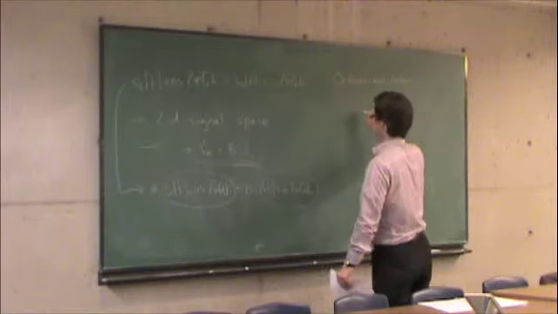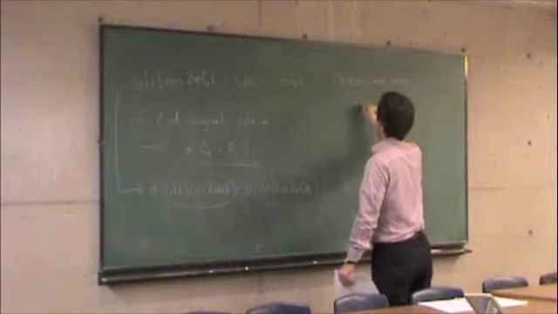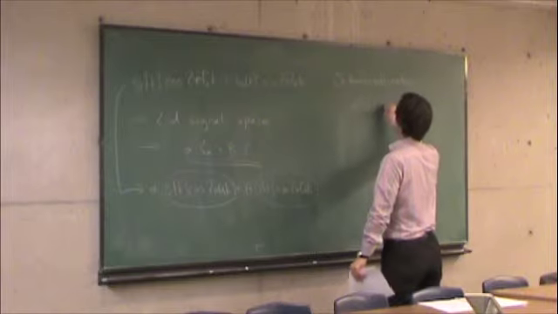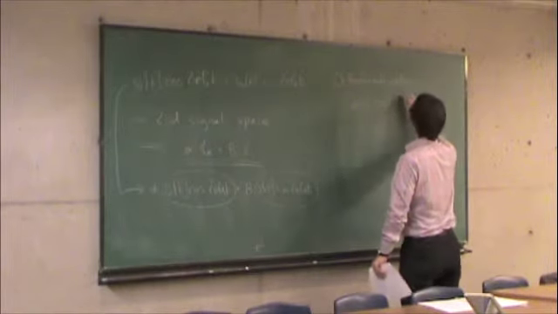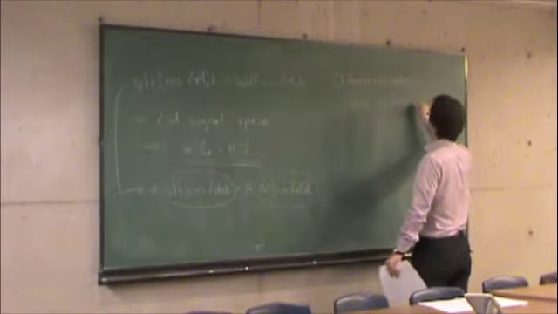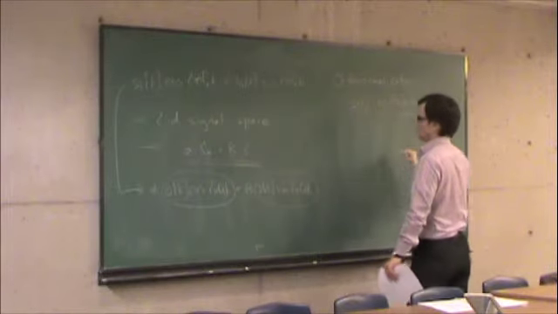What I basically want to do is take S k cos 2 pi f d k, and divide that by the norm of itself.